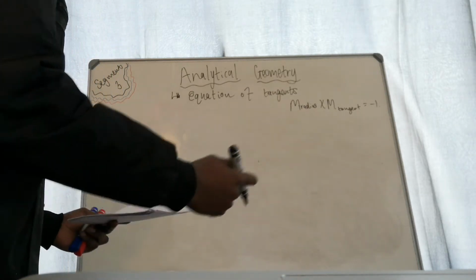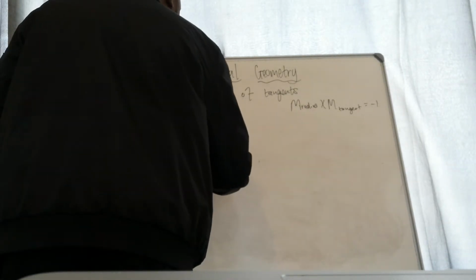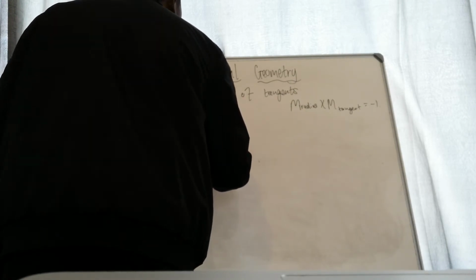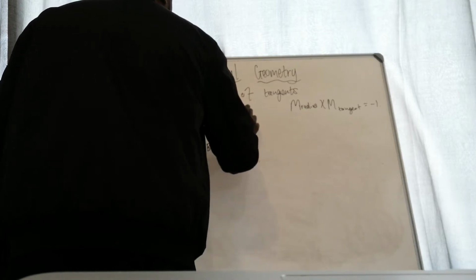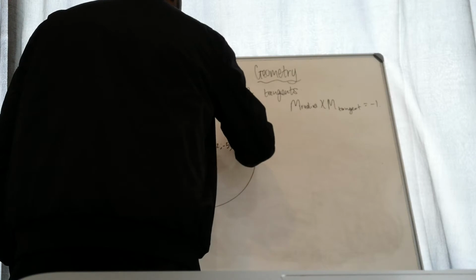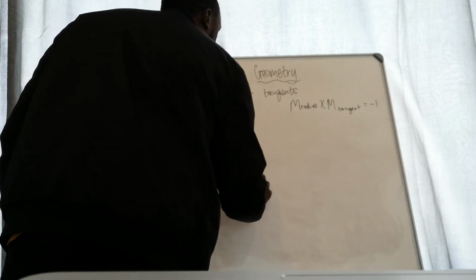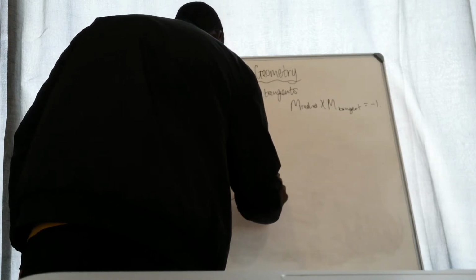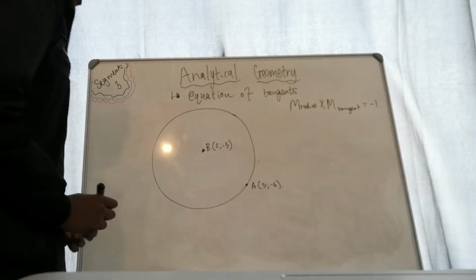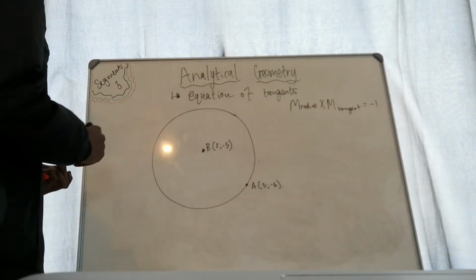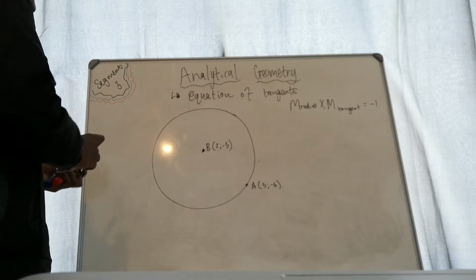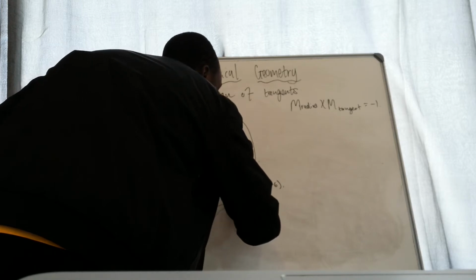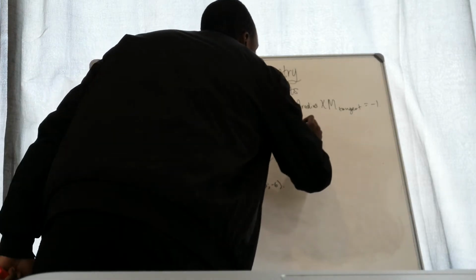I'll give you this one where we're given the coordinates of the center B, given the coordinates of A there, which is (5, -6), and then you're told that there's actually a tangent that goes past A. Try and draw this as accurately as possible.